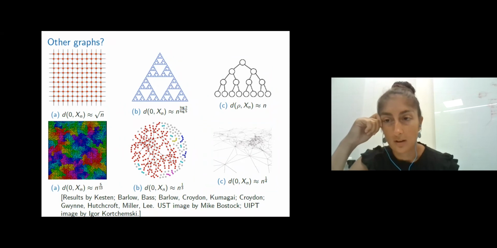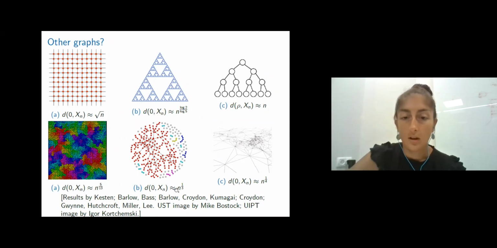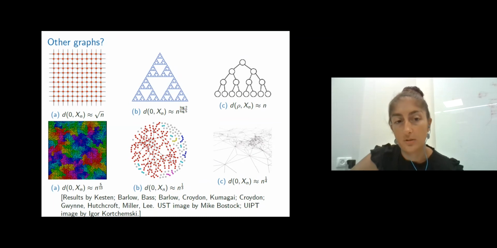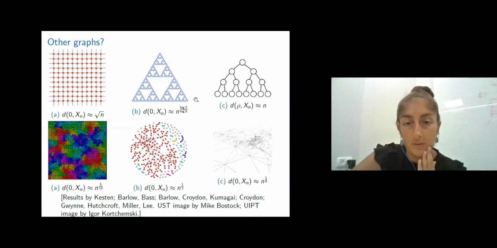So in general, it's quite hard if you have a graph to understand what this exponent should be. But all of these 6 graphs have nice properties which somehow enable one to do quite specific proofs to understand how a random walk behaves. So for example, with the Sierpinski triangle, you have this nice iterative structure, so you can write down recursive equations.